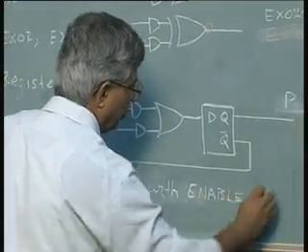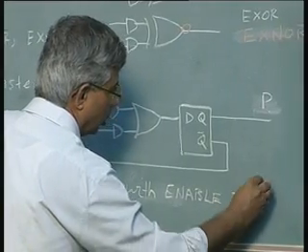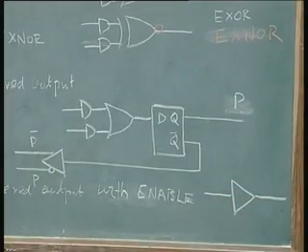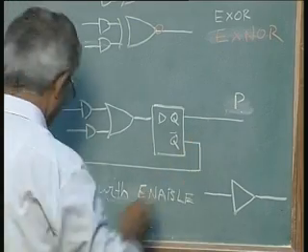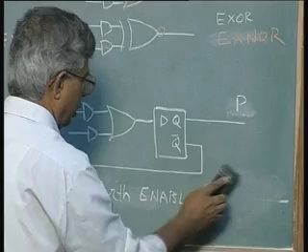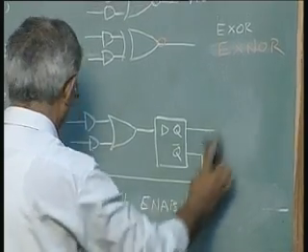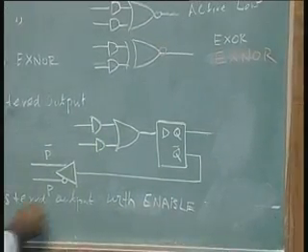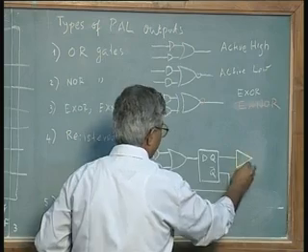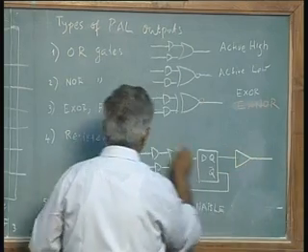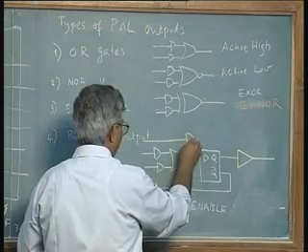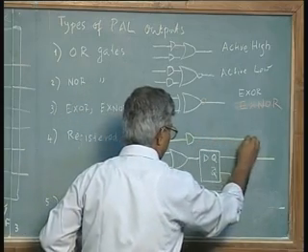This output P can go through a gate or enabler, or I will put it here itself in order to understand it. I can put a buffer which can be enabled by another term of inputs served by the combination logic.